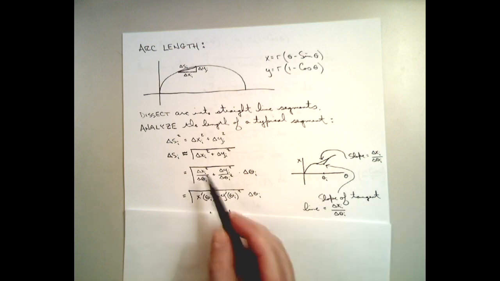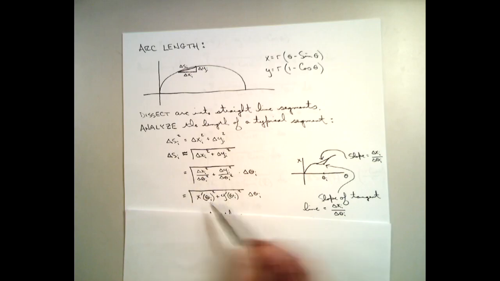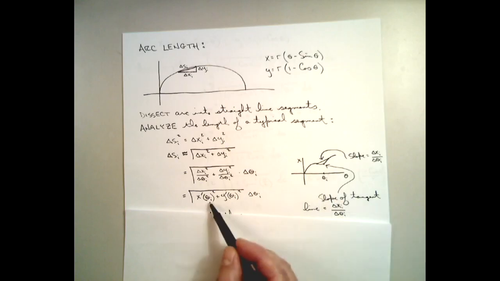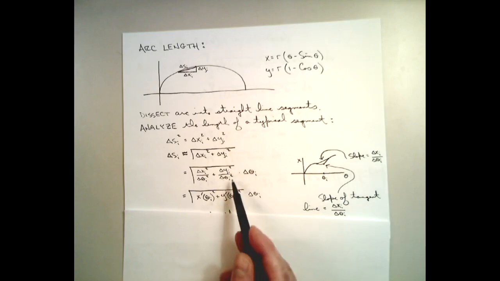And so I'm going to replace delta x sub i over delta theta sub i with the derivative at whatever theta sub i I hit whenever I slide the line segment off the graph. And I'm going to do exactly the same thing with the y variable.